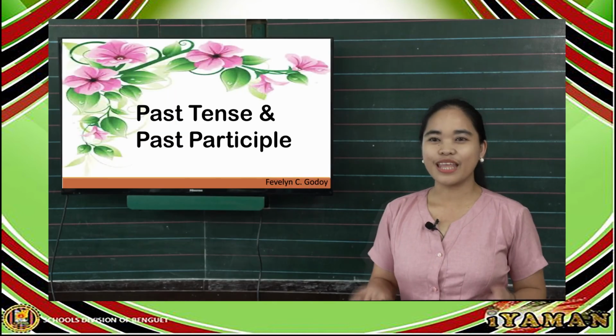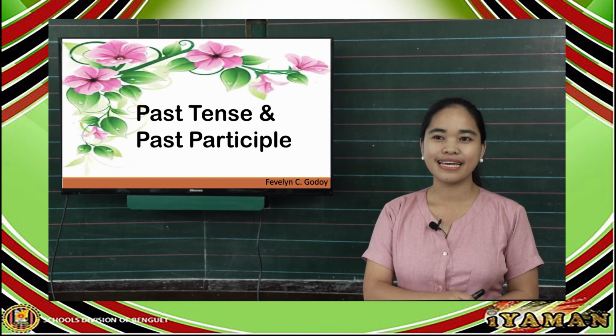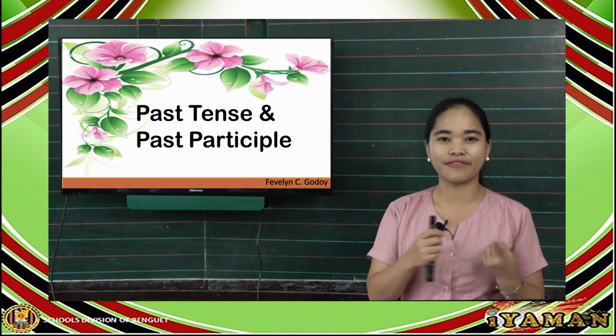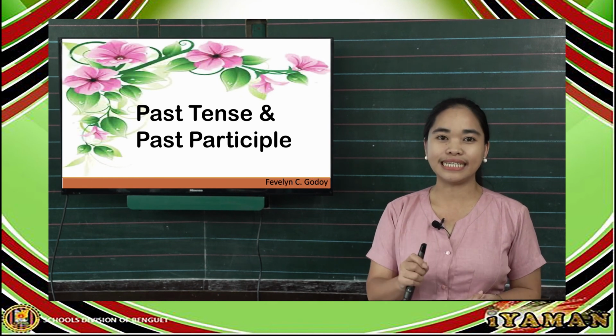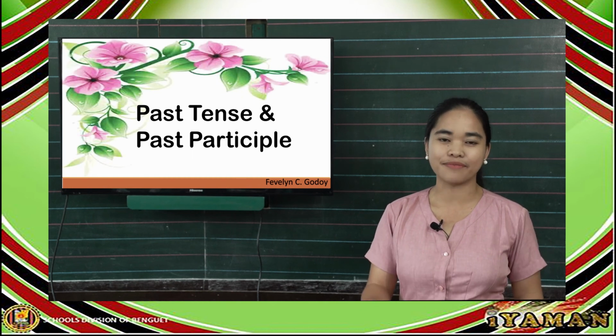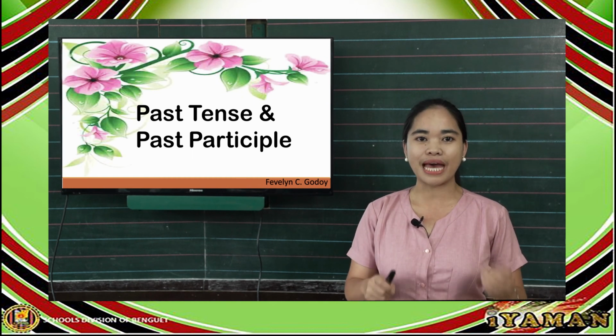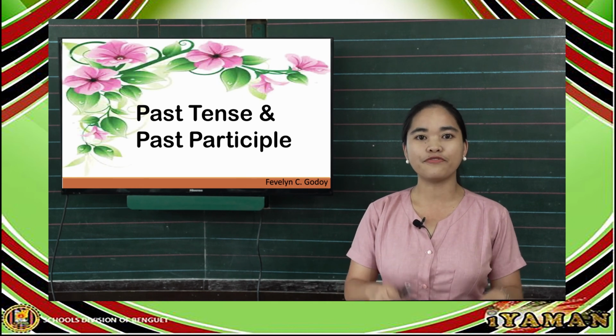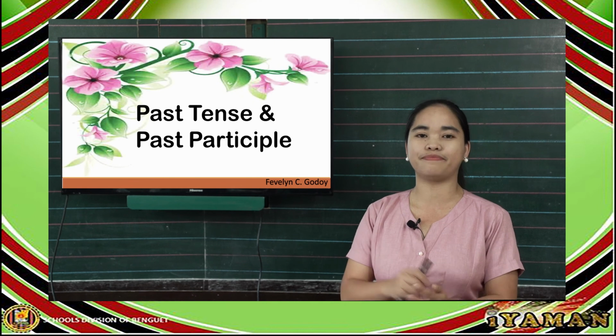So once again, when we say simple past, it is an action that happened at a definite time in the past. To form this, the regular verbs, we add d or ed. The irregular verb, we change the spelling. When we say past perfect tense, we are talking about an action that happened before another past action.